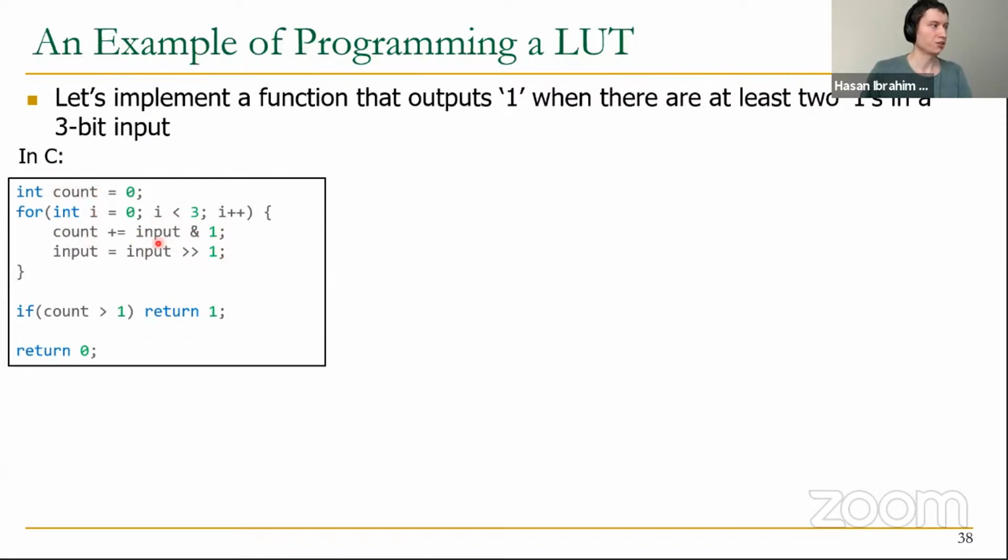Later we shift the input by 1 to get to the second bit, and we perform this in a loop 3 times. If all bits that we go over here are 1, so all of the 3 least significant bits are 1, the count should be equal to 3 when we exit this loop, right? Later we have this if, which checks if the count is bigger than 1. If so, it returns 1, otherwise it returns 0.